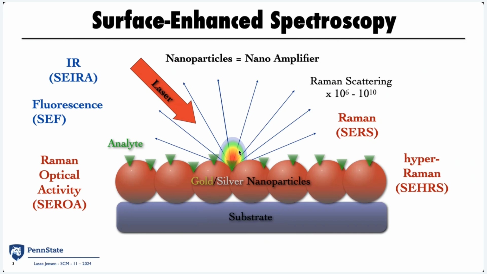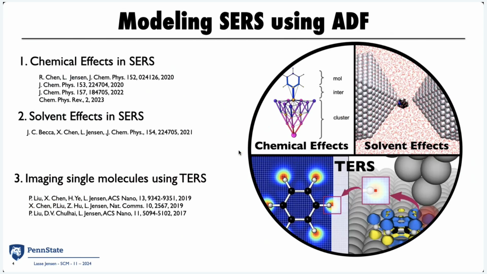And so what we want to try is some aspects of actually modeling this. I'm going to talk about 3 different aspects of modeling SERS that we've done, implemented in the ADF program, or again using features from the ADF. The first one is to understand chemical effects in SERS, so the direct coupling between the molecule and these metal nanoparticles, and how we can understand the enhancement mechanism in SERS.